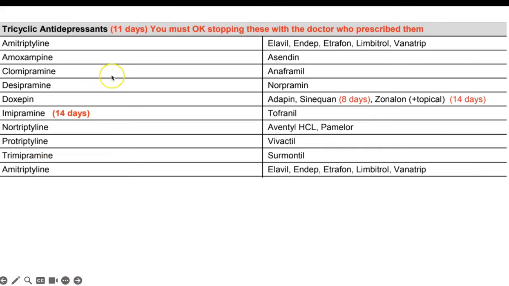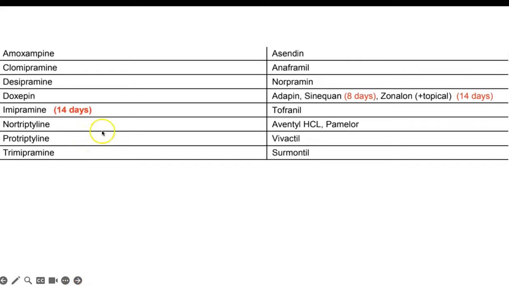Then tricyclic antidepressants, but you should consult the doctor who prescribed them, and they should be stopped at least 11 days prior to the test. Certain medications have to be stopped for more than 11 days, like imipramine, which should be stopped for at least 14 days.